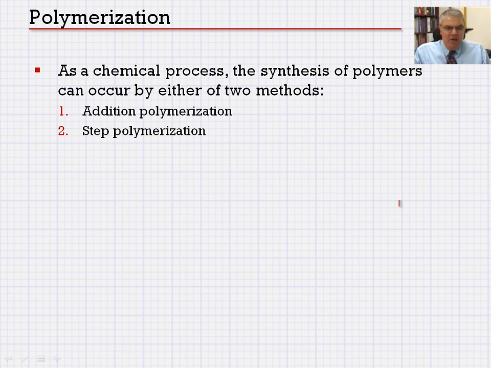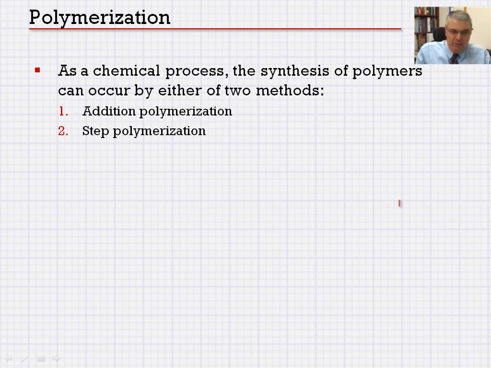The process of polymerization is a chemical process. As such, we have two methods that we can use to synthesize the polymers. One is the addition polymerization, and the other one is the step polymerization.